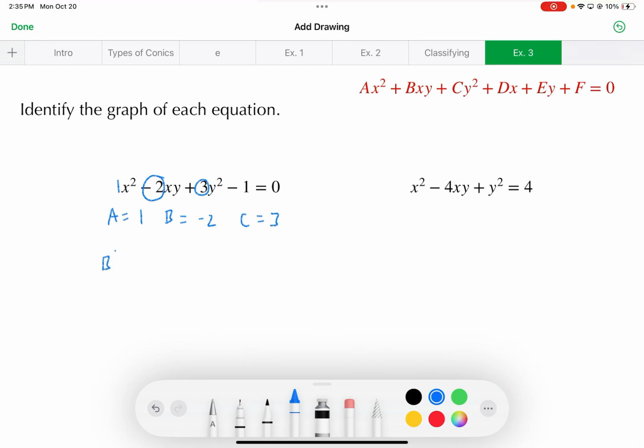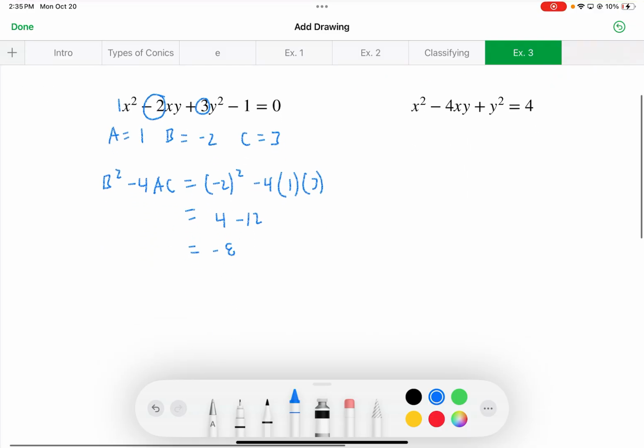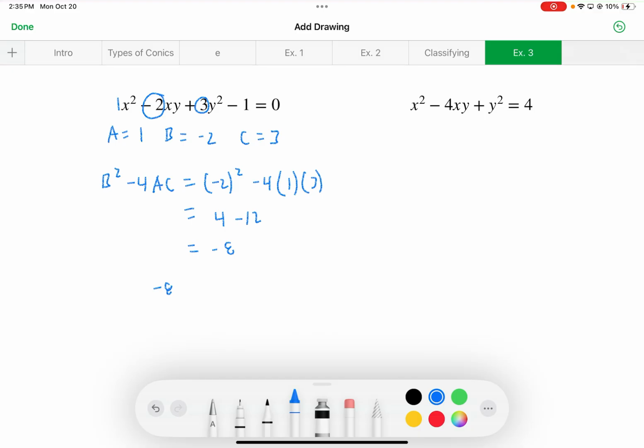So B squared minus 4AC would equal negative 2 squared minus 4 times 1 times 3. That's going to be 4 minus 12, which is negative 8.